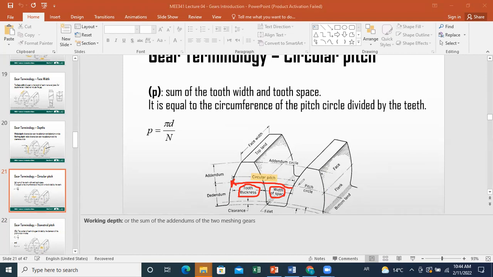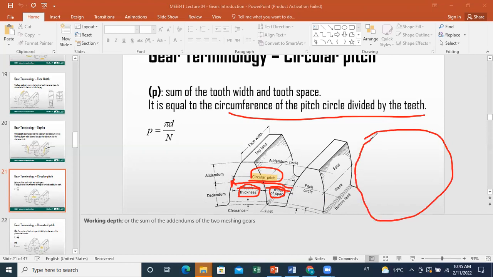This number is important, and it can be related to the circumference of the pitch circle and the number of teeth. Because it's a repetitive pattern of tooth thickness and space between teeth, if I compute the total circumference of the pitch circle and divide it by the number of teeth, I get the repetitive pattern length, which is the circular pitch.